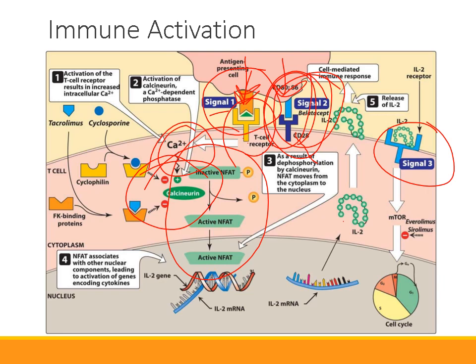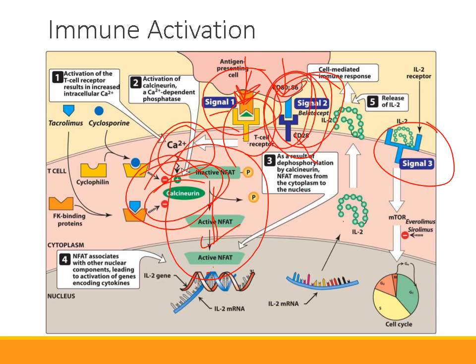So here we see calcineurin coming in, activating NFAT, coming into the nucleus, and then producing various cytokines. One of those cytokines that's produced is interleukin-2. And interleukin-2 is going to be necessary in this activating process, in this immune activation.